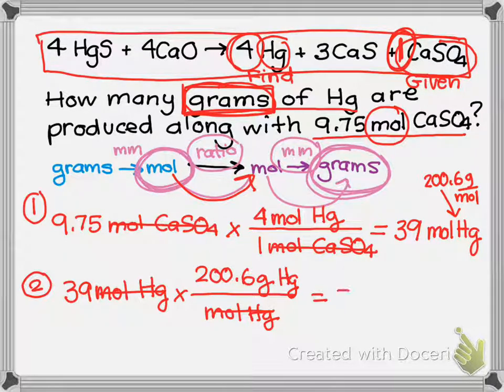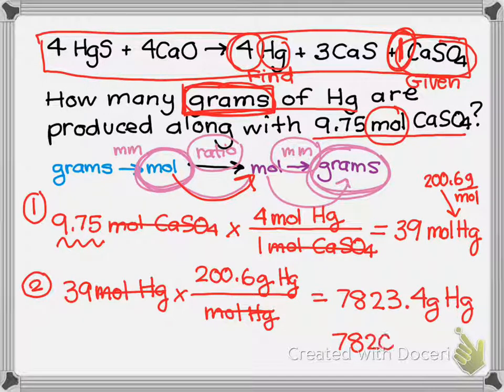And now I get 7,823.4 grams of mercury. And if I look back, I started with 3 significant figures, so I'm going to say 7,820 grams of mercury. You could also write this in exponential notation if you wanted.